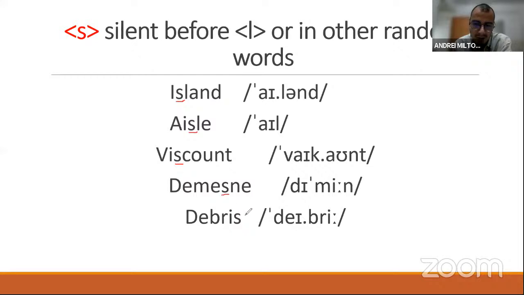Or here in Demean, or in debris, okay? A little difficult, but so far, if you just remember these words, these are frequent. Maybe this one is not that much. Okay, you will be able to remember that the S is not pronounced.